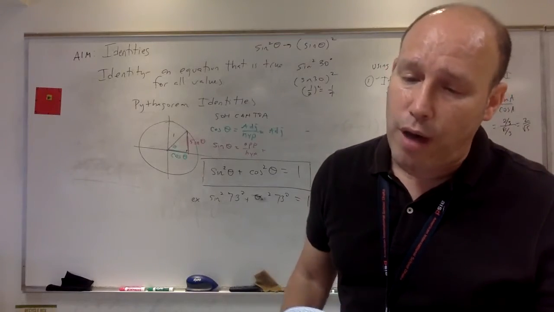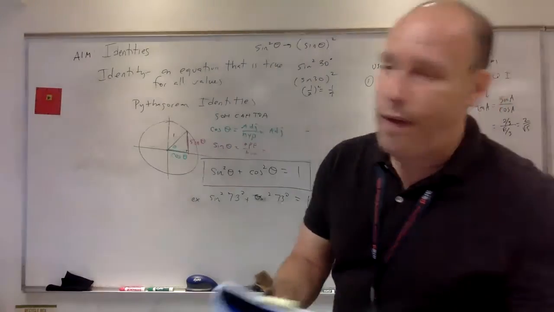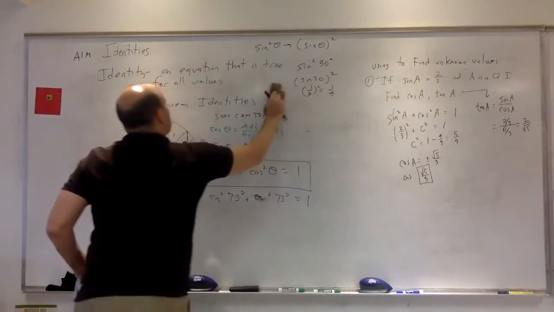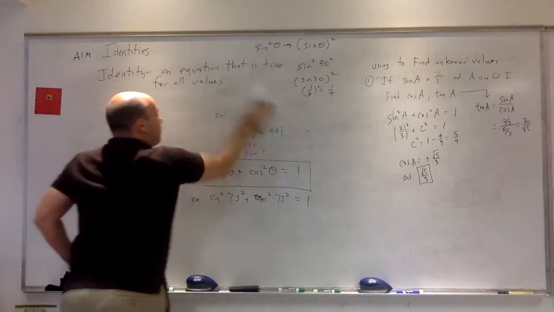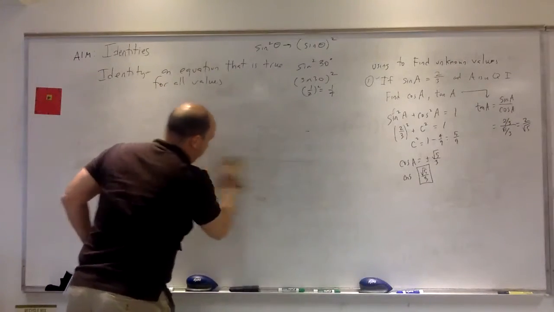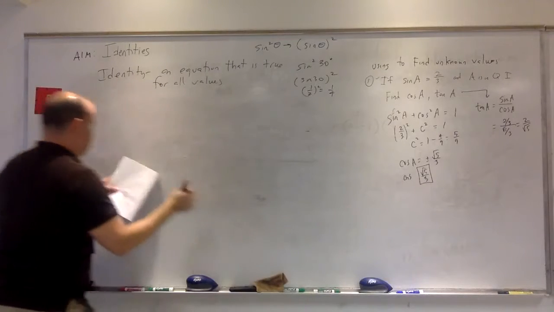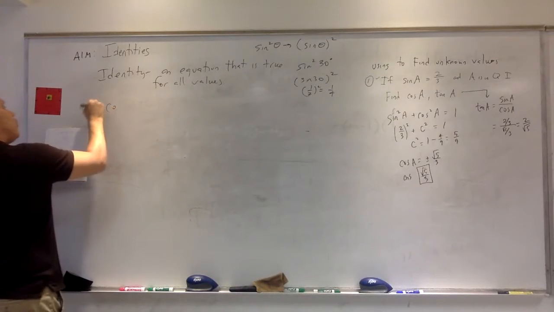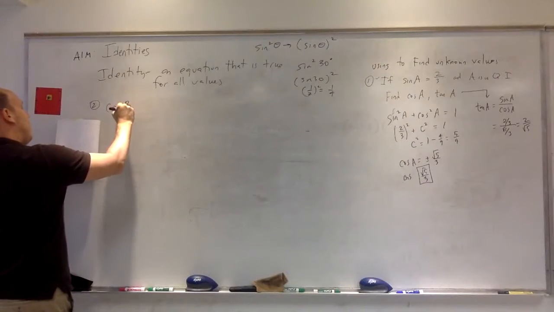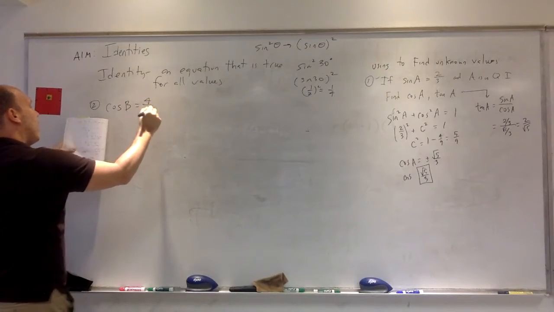So once again, you can use the algebraic method. You can say, Mr. Adler, fine. Sine squared of B plus cosine squared of B is equal to 1. I have sine squared plus 4/5 squared equals 1.